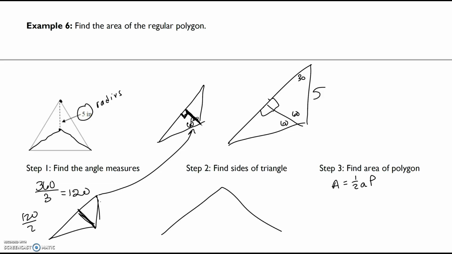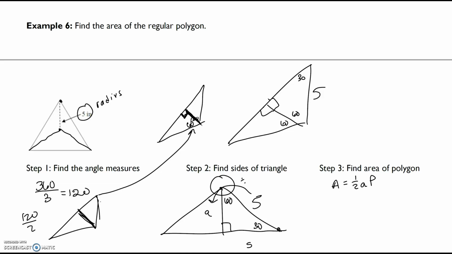Again, I'm just going to draw this thing over and over again because I'm not doing a very good job of drawing it. The central angle was 120. We cut it into 2 pieces, which is 60. The radius, which goes from the center to a corner, was 5 long. And we need to find our apothem, and we need to find this side length down here. Looking across from the 30, how do we get from 5 to our short side?